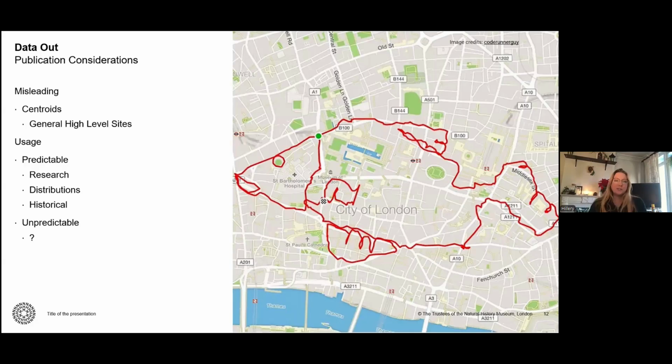So one of the first things we just talked about were those centroids, those master general areas. While I said that there is a really good reason for having that in the collection management system, we have issues when we then publish that out, because those centroids tend to look like they're just in the very center of Australia.